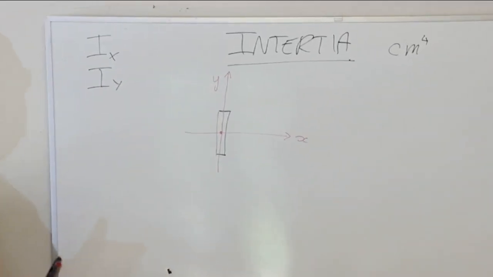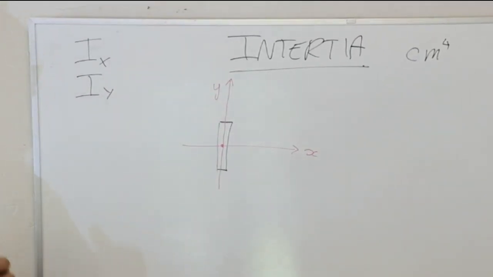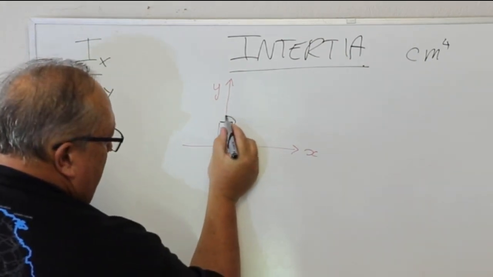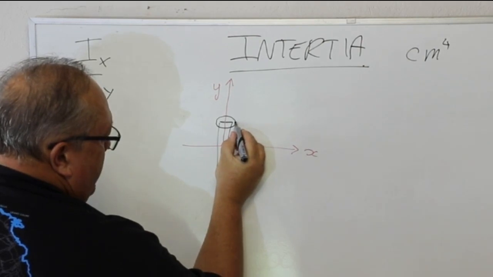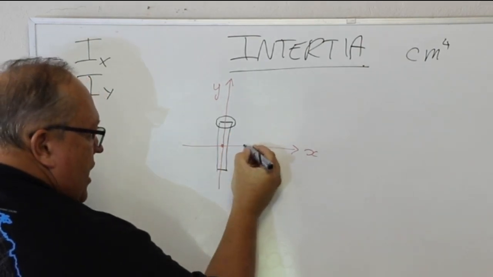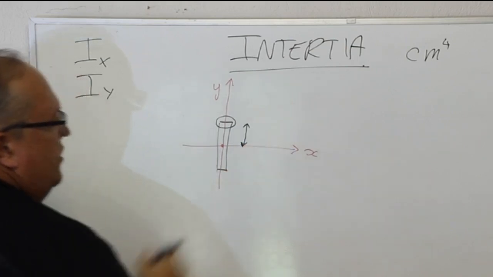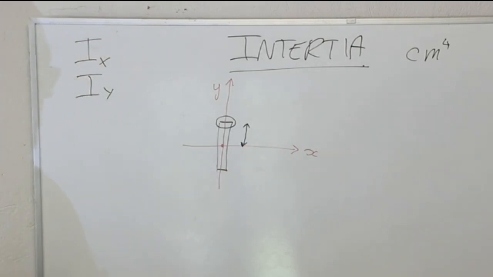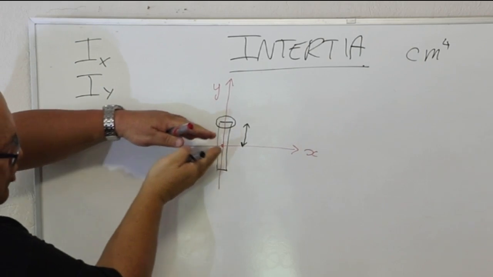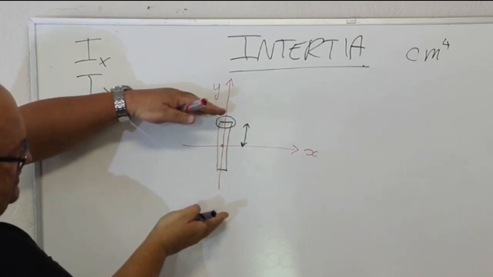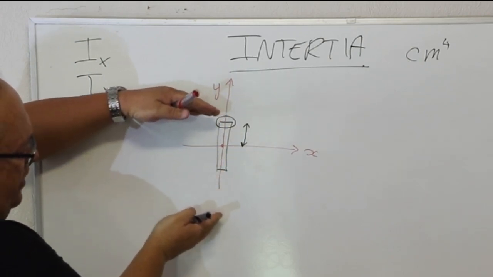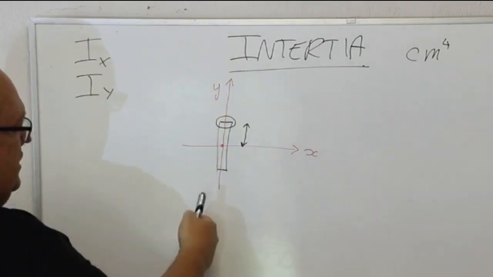So really what determines this Ix and Iy value is actually the amount of metal on that profile and how far that metal sits from that particular axis. So the more metal I move away from this axis here, the stronger that profile becomes in that direction.